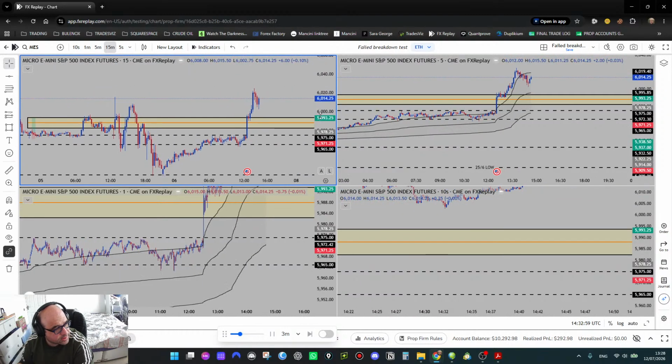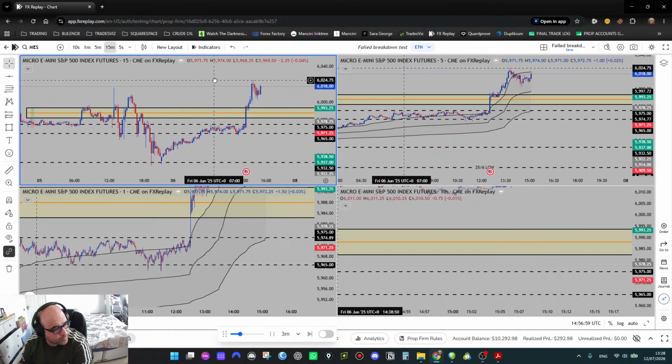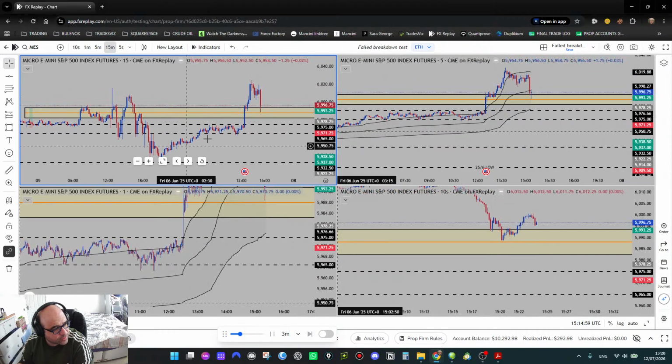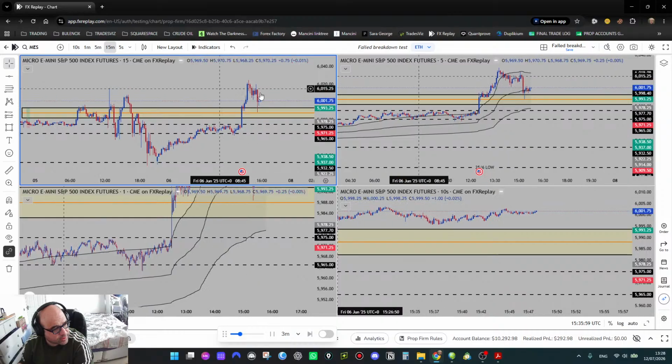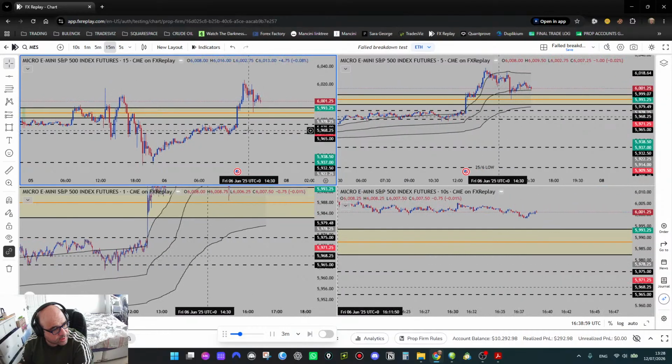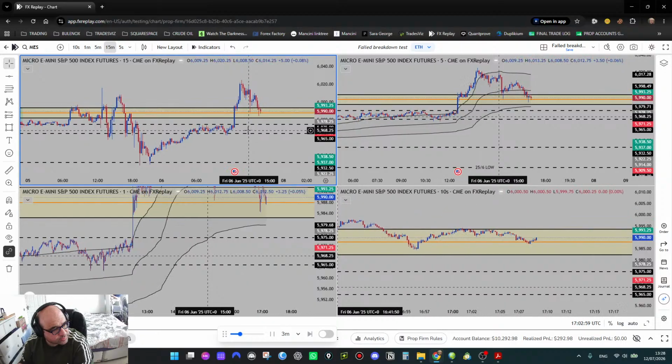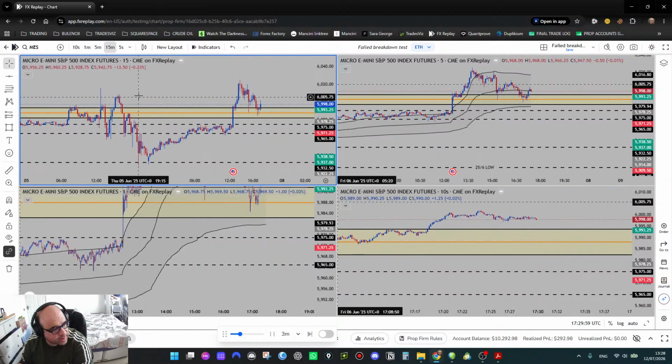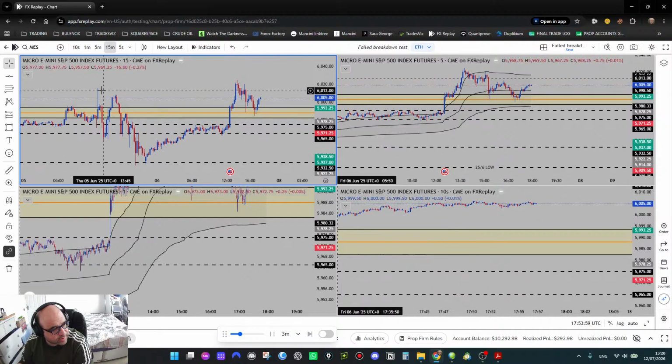Let's see here. After this squeeze, we see how the breakdown expanded, and now it's just doing a pullback. So someone who took it here could have easily targeted these highs.